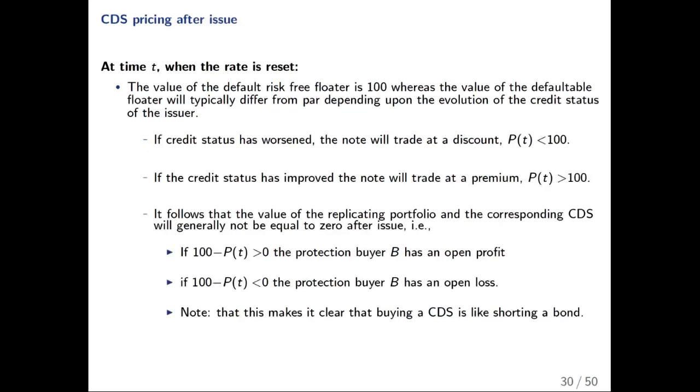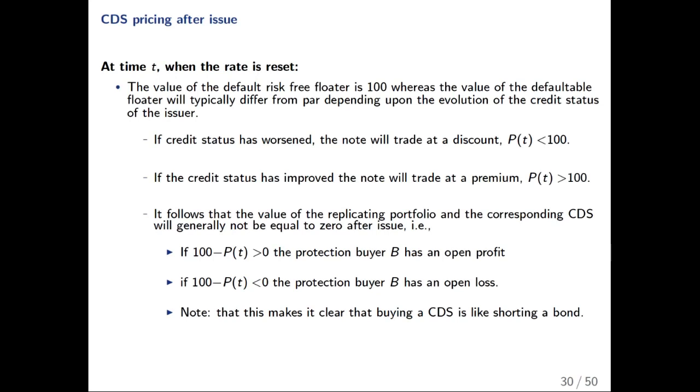After initiation, what is going to be the price of the CDS? Well, we're going to need a model in order to value it, but we know what direction things are going to go in. Imagine that the credit status of the underlying company went down.